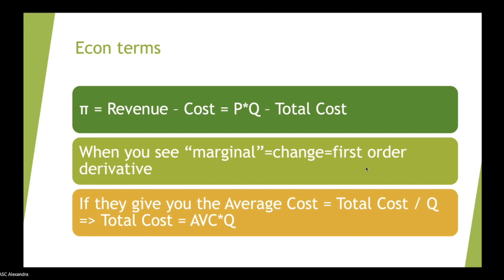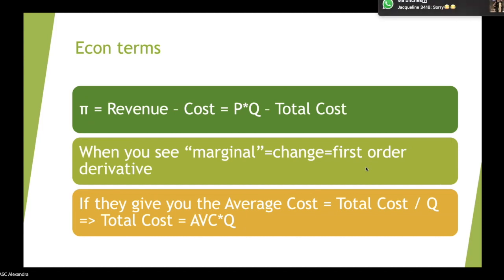Some econ terms as well that might pop up in the exam. Just remember that whatever economic terms you see in maths, you don't have to know micro or any other subject to necessarily know how to write the profit or how you should solve certain phrasings.